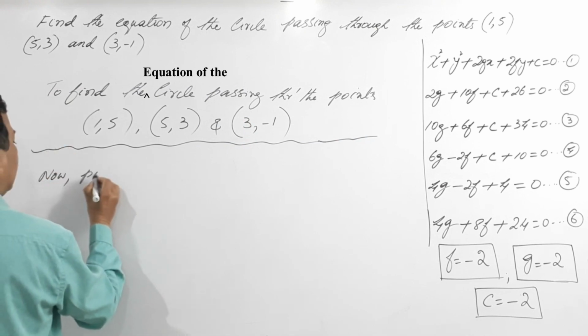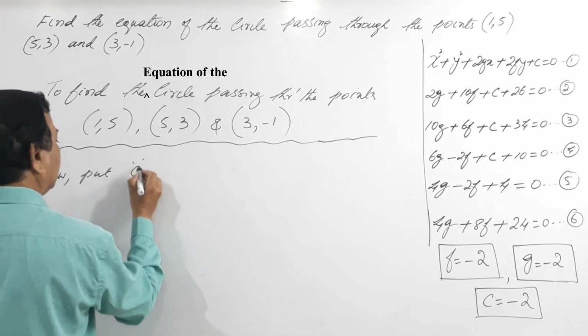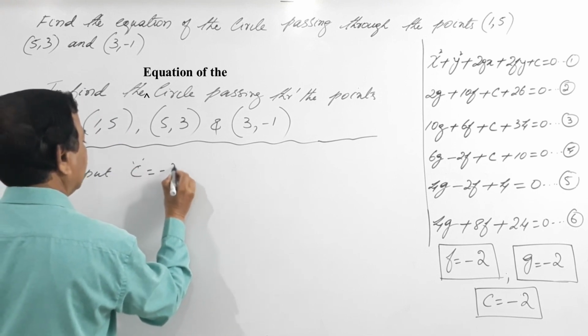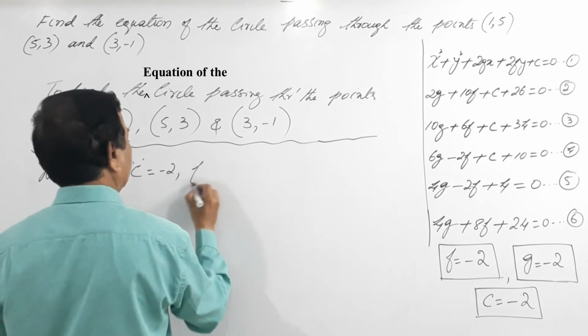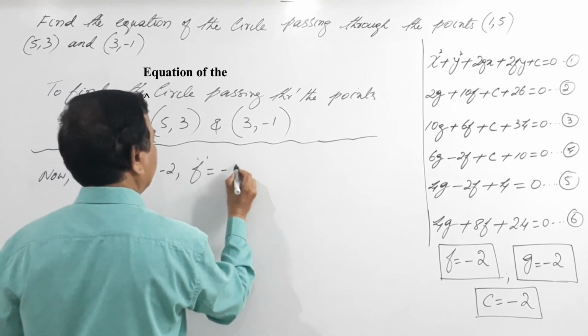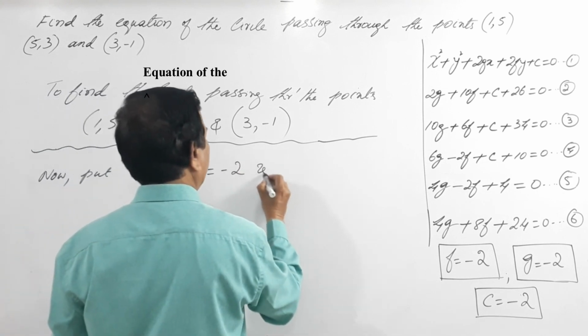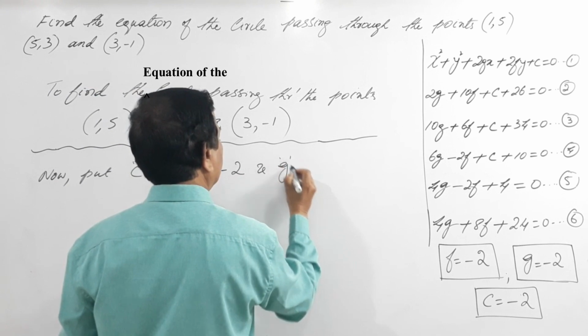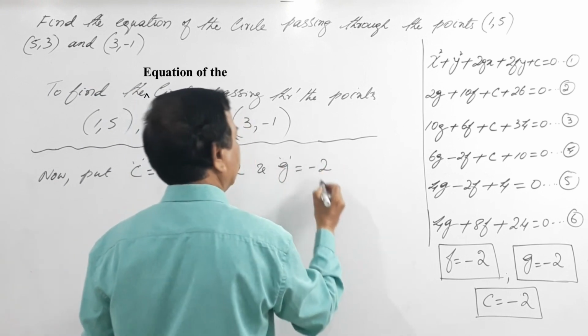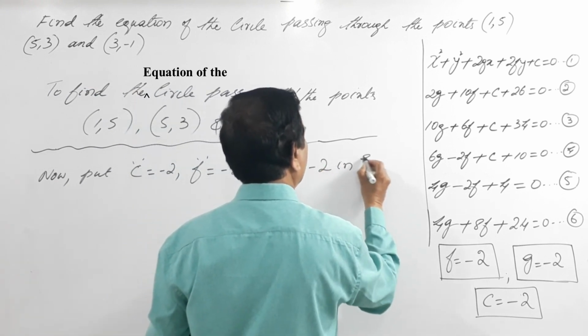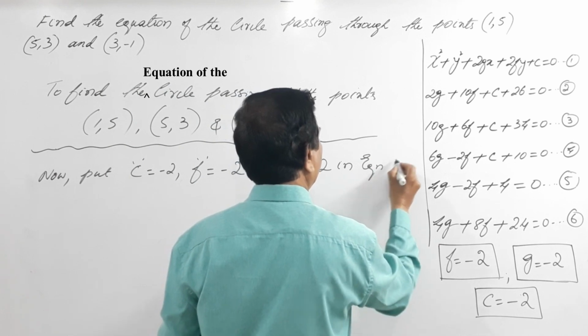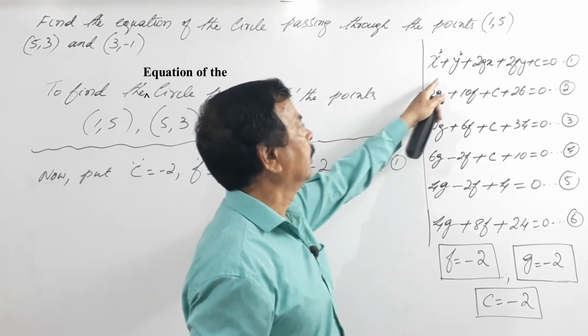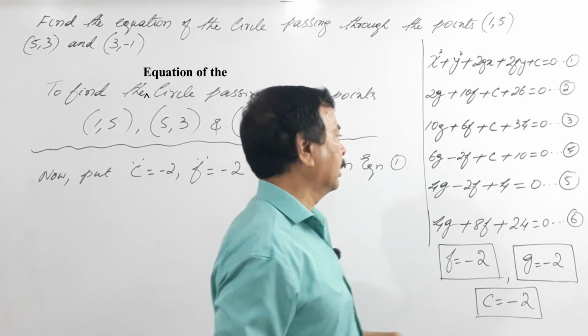Now put c equals minus 2, f equals minus 2 and g equals minus 2 in equation 1. What is the equation? This is the general equation of circle.